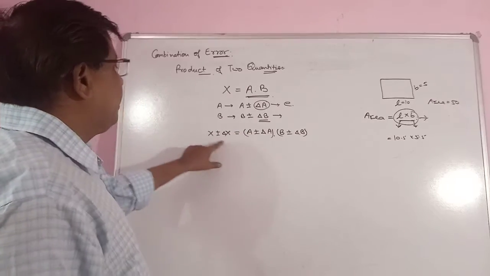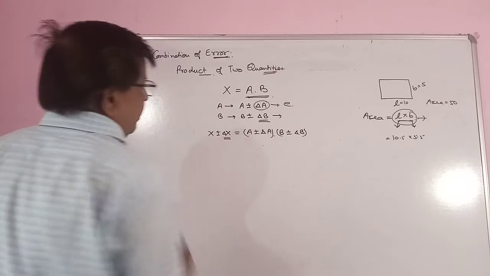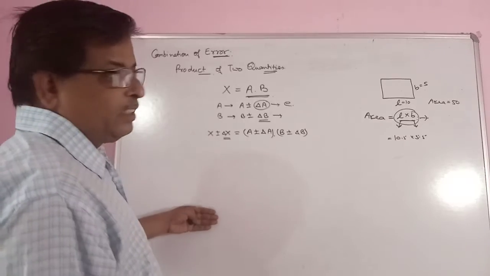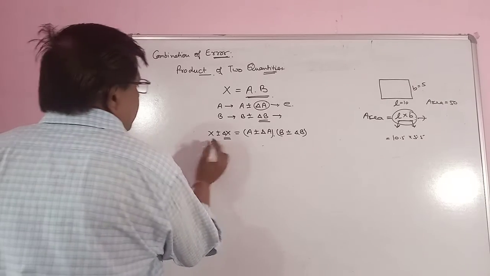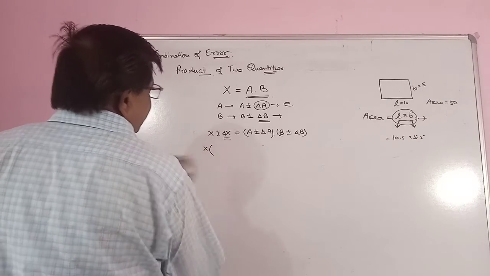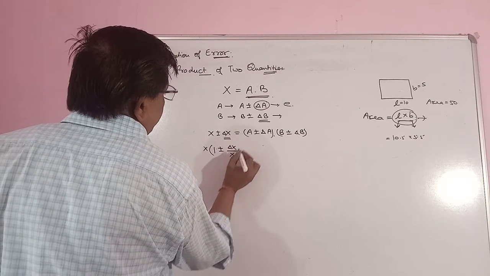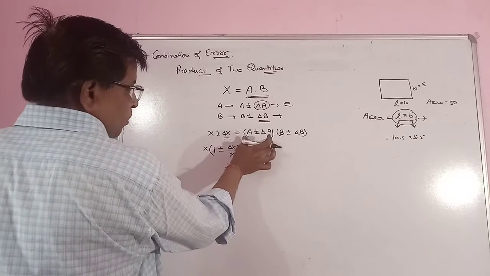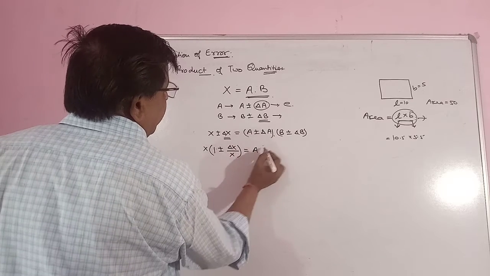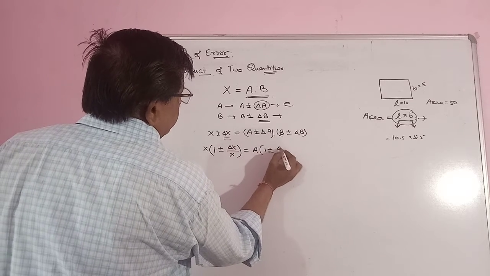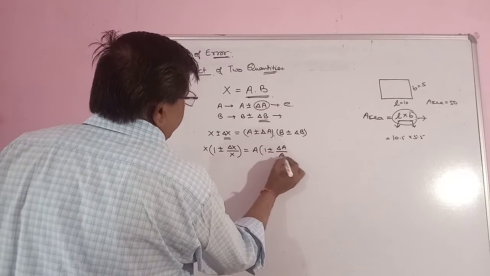So to calculate this value delta x, we solve this relation. Take x as common: 1 plus minus delta x upon x. From this factor we can take a common, plus minus delta a upon a.